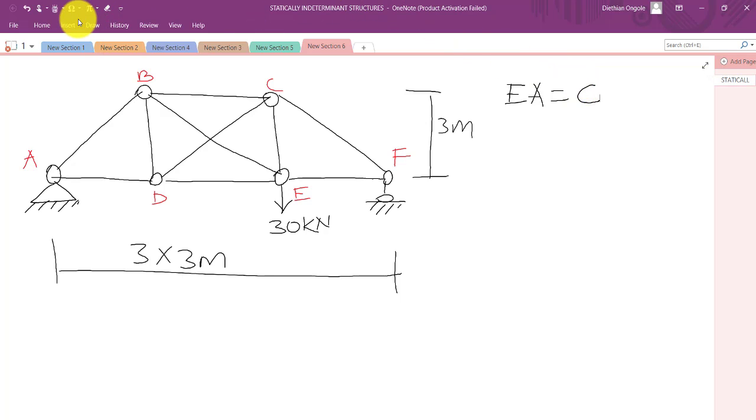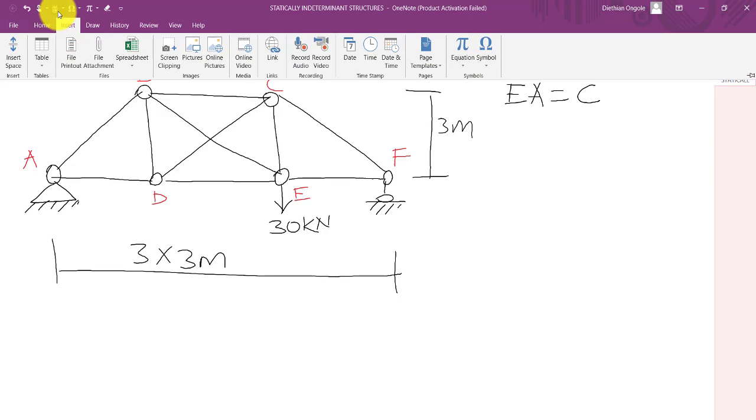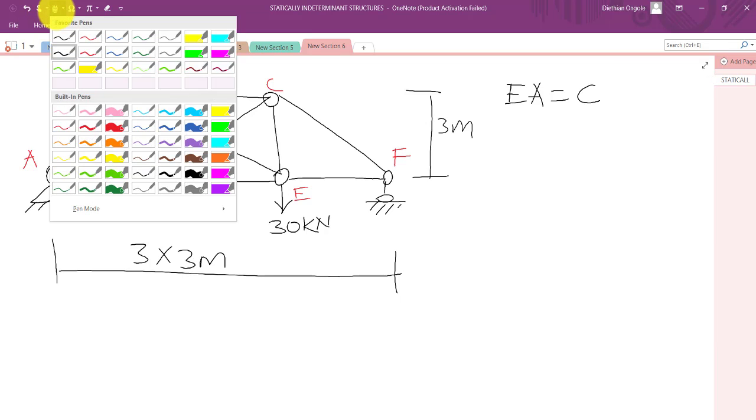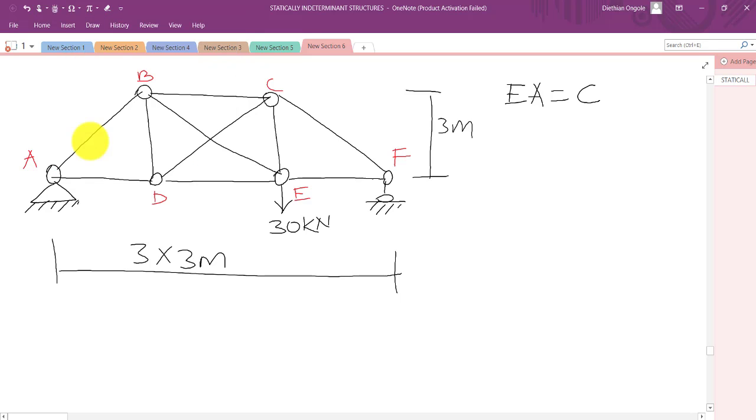We first need to find the member that causes the system to be statically indeterminate, and then after finding that member, we add a unit force onto that member, the unit force given by x1. So as said earlier, from our observation, we can either choose member BE or CD to be our excess member.